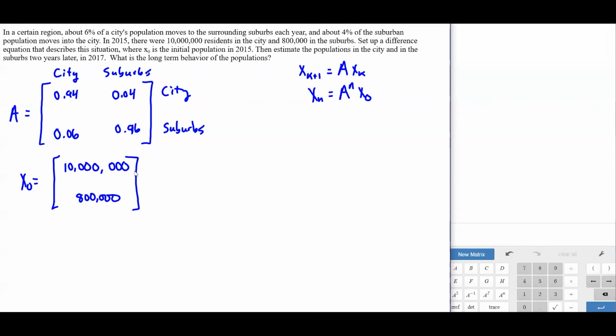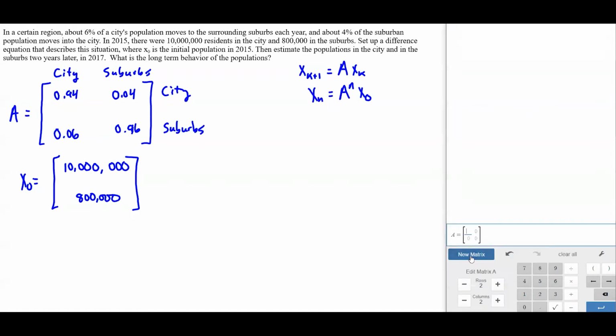All right. So, one way we did this is I would say, let's make matrix A. I'm just going to use my calculator here. What about vector X naught?